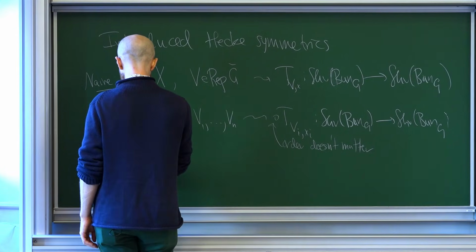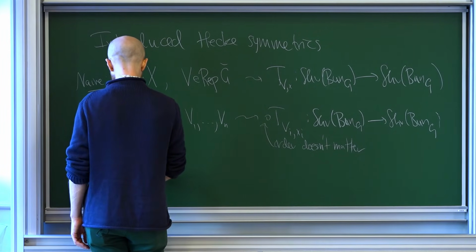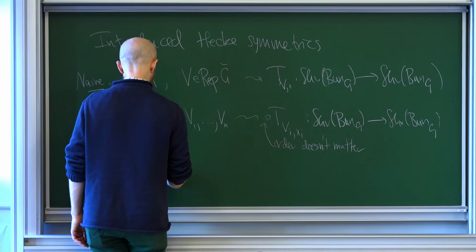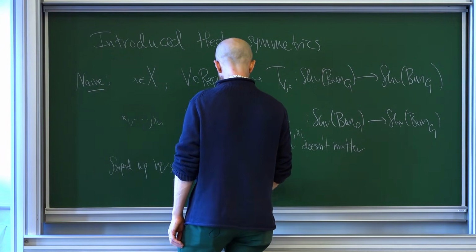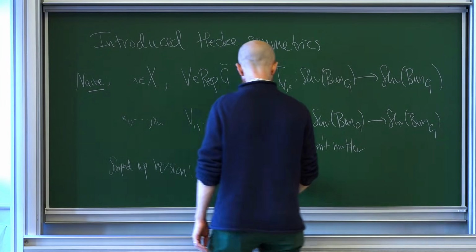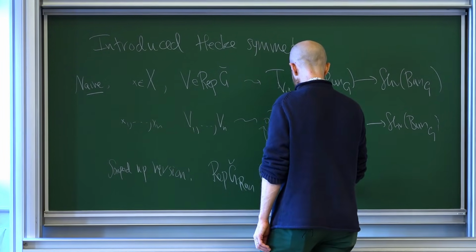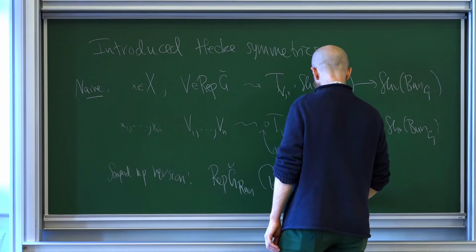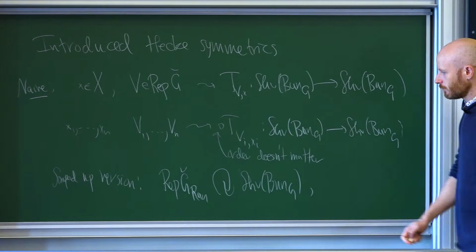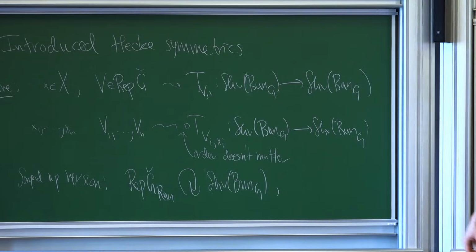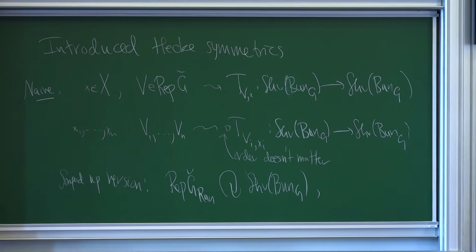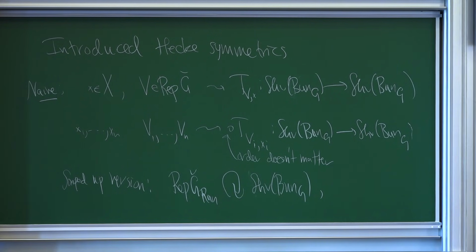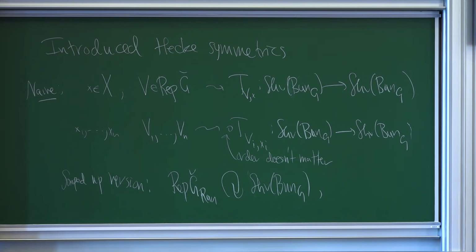And so there's this souped up version, which was that there was some kind of source category, which we called Rep G check Ran, and this acted on sheaves on Bun_G. And so this is the place I wanted to start the discussion today.